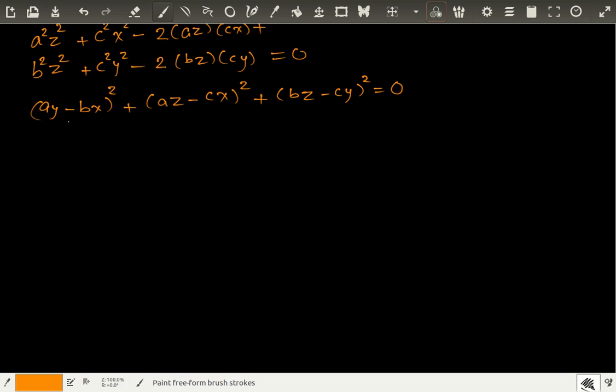That is, this term is 0, this term is 0, and this term is 0, only then we can get 0, because none of these terms can be negative. They can either be positive or 0. And if you add positive terms which are not 0, you will never get 0 here. So there is only one solution to this problem.